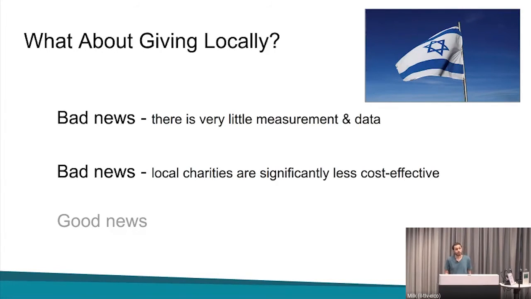And their costs per family that they support is about $10,000 per family. And this is in return for providing less life-saving services than, for example, AMF provide per family that they serve. What this means is that the options that we have in developed countries are vastly less cost-effective.